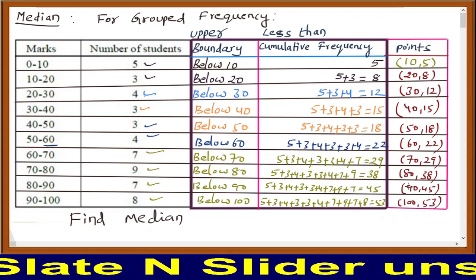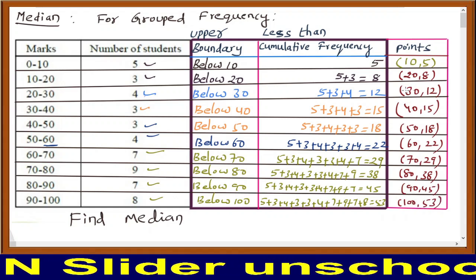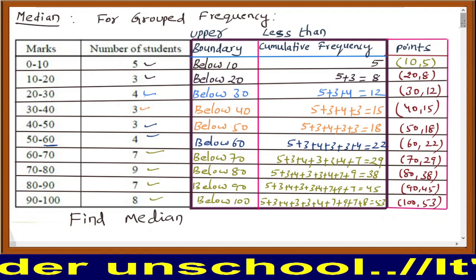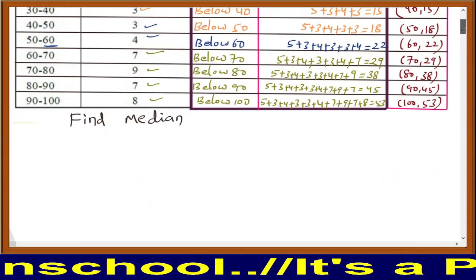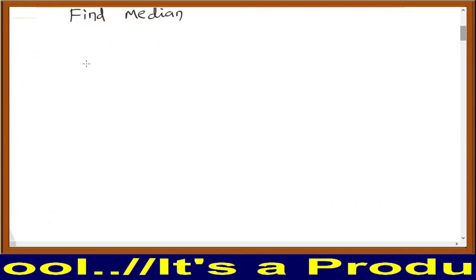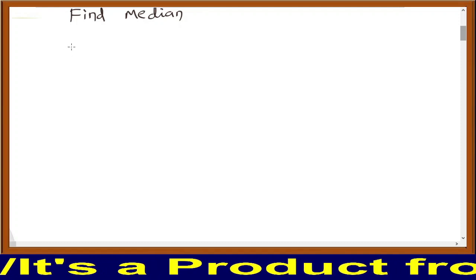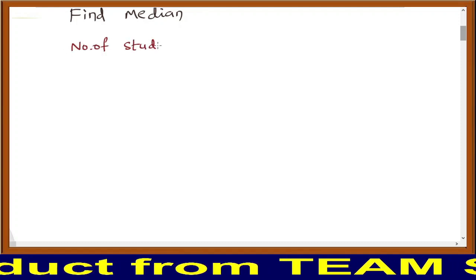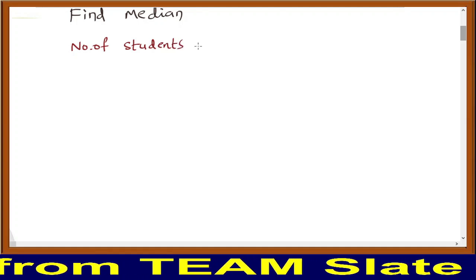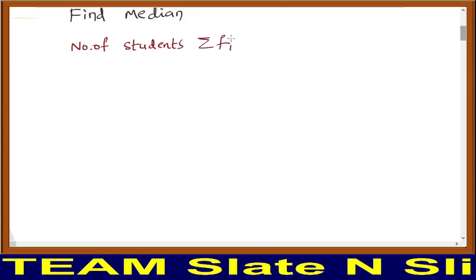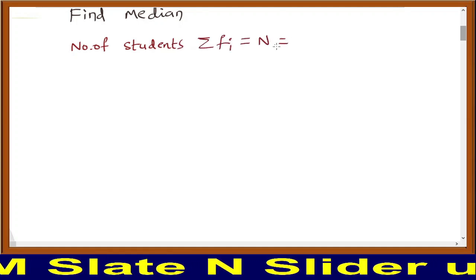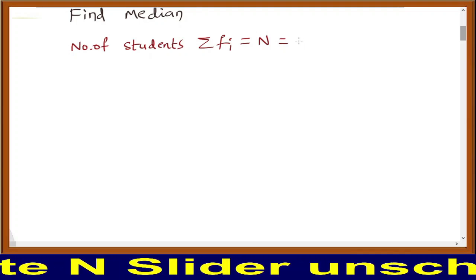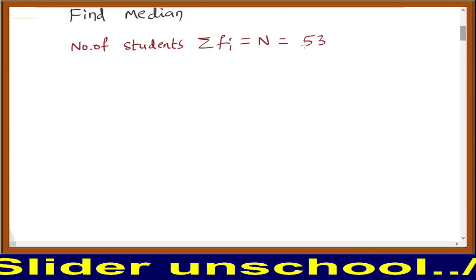So the total number of students is 53 here. First of all we should write the number of students. That is taken as sigma fi, or we can take it as n also, no problem. So n is equal to the total number of students, which is 53.